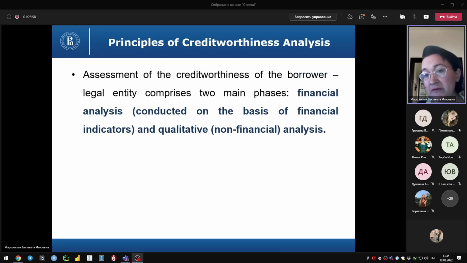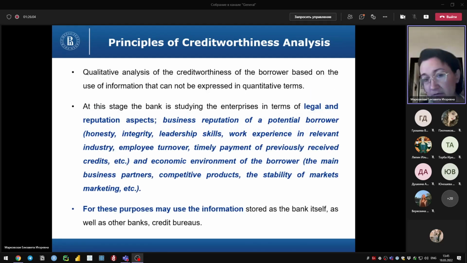And this methodology implies that we have to make the financial analysis and qualitative or non-financial analysis. The qualitative analysis implies the legal analysis of legal and reputation aspects, business reputation of the potential borrower, economic analysis of the economic environment of the borrower.